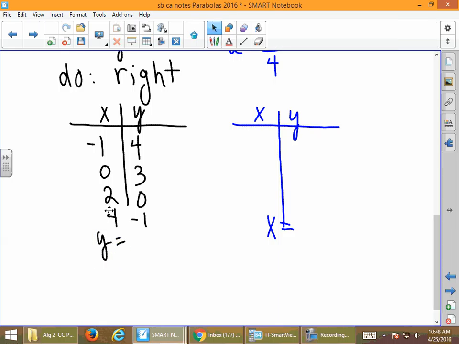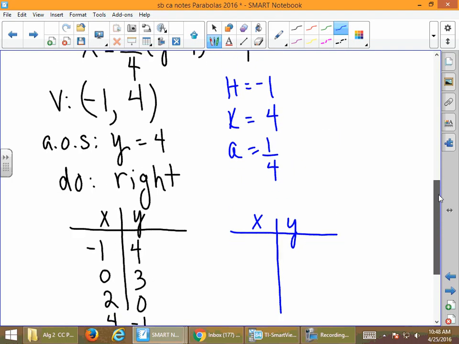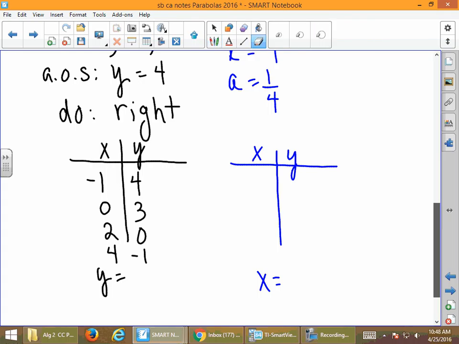So when we come over here to our other table, for our x equals, I actually have this first one wrong because it's down here at the bottom.